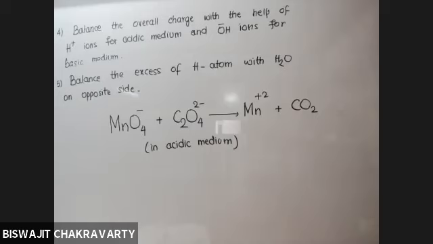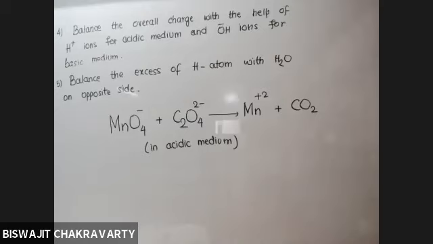Now go to carbon and see how much it is. Plus 6. Okay. Oxygen is again -2. On the right hand side manganese you can already see, it is +2.